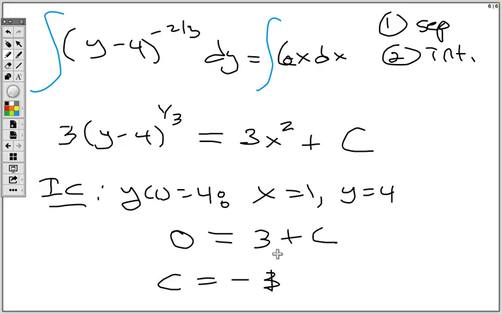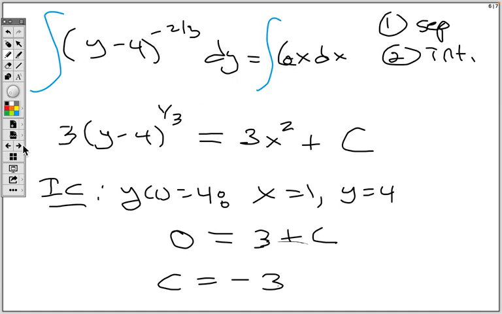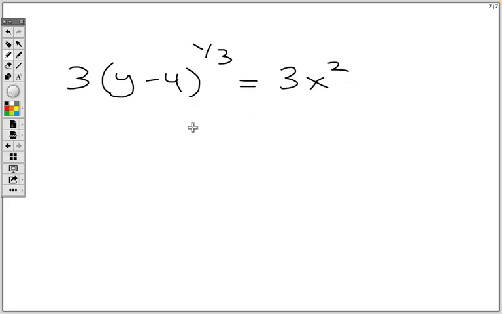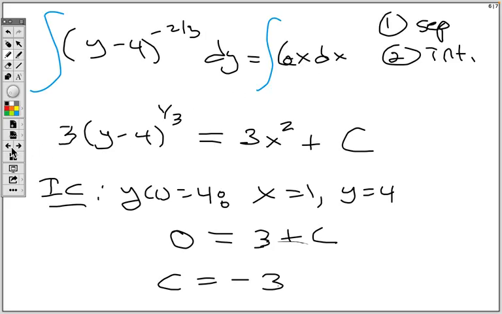So c is minus 3. So I would have 3 times the quantity (y minus 4) to the 1/3 equals 3x squared plus 3. Or excuse me, 3x squared minus 3.